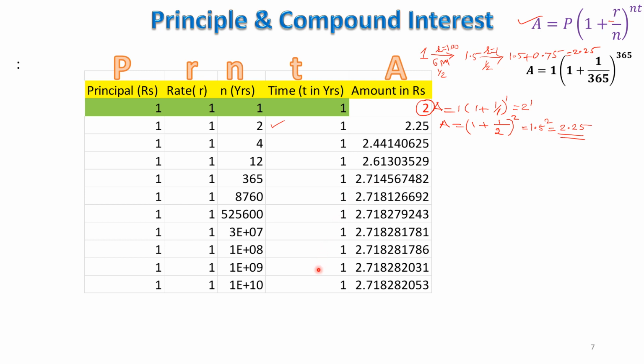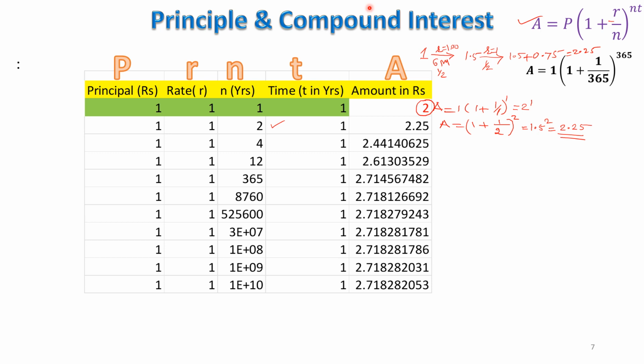It reaches a saturation point, or we can see that it converges to 2.718282 for 10 to the power 10 frequency of compounding in a year.